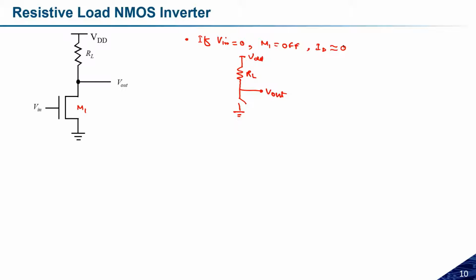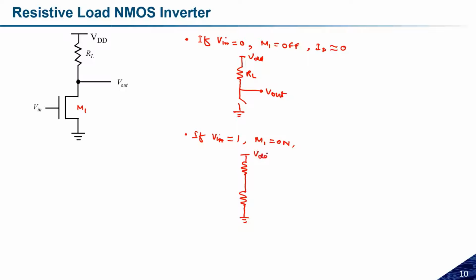But what will happen if I provide the input Vin equal to 1? If Vin is equal to 1, transistor M1 will be in the on state. If M1 is in the on state, the equivalent circuit for this configuration will look like this.